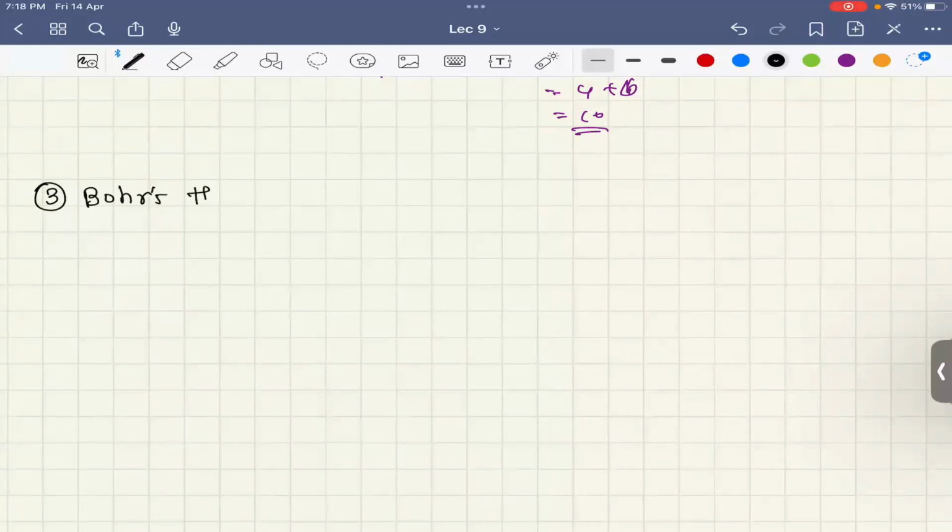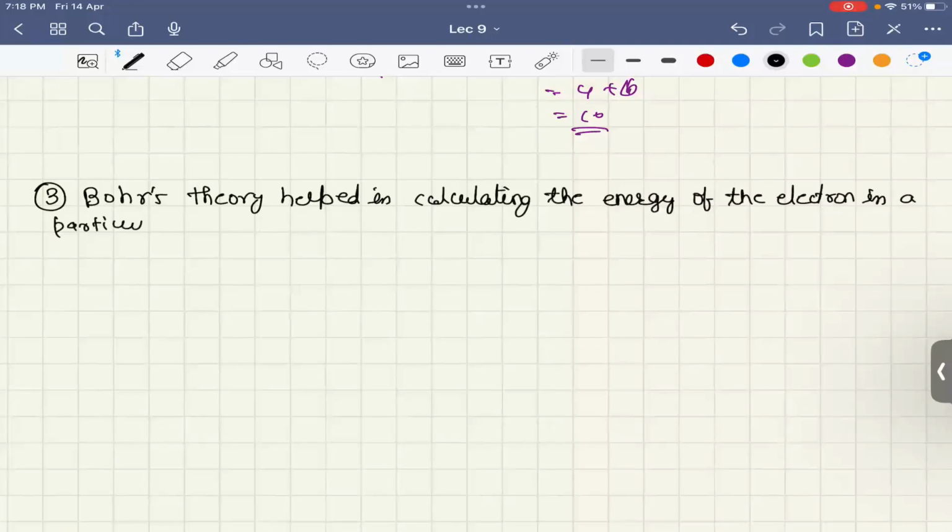On the basis of the postulates, Bohr derived a mathematical expression for the energy of an electron moving in a particular orbit of the hydrogen atom.